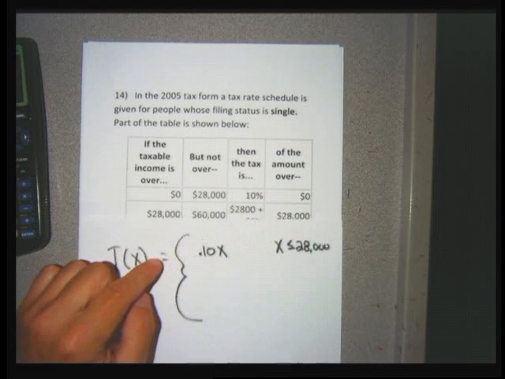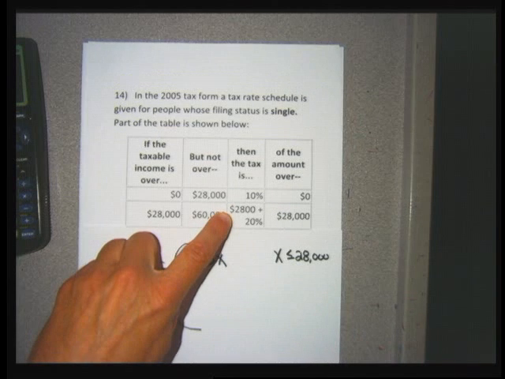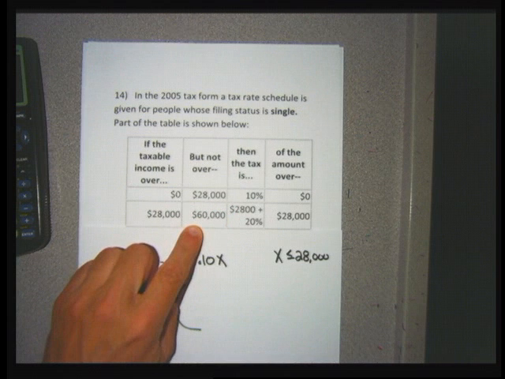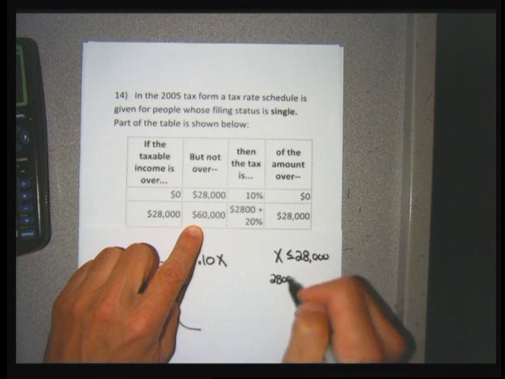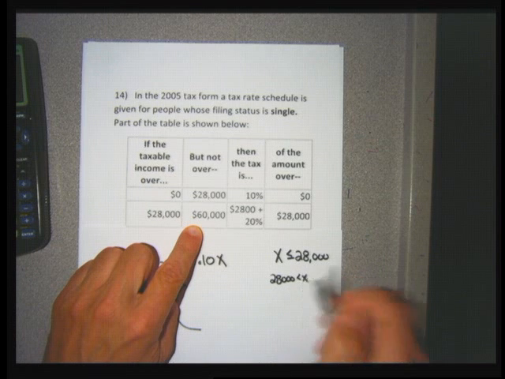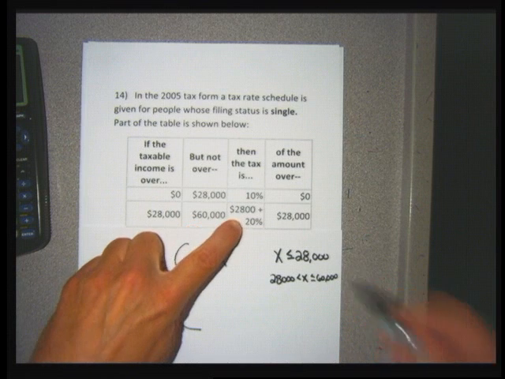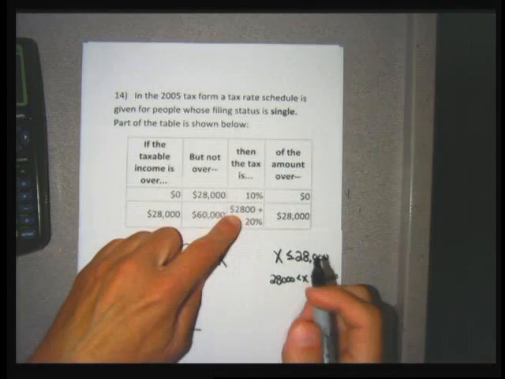For the second level, you pay $2,800. So if you make between $28,000 and $60,000, so if my income is bigger than $28,000 but less than or equal to $60,000, for any income over $28,000, I'm paying 20%, and this tells me how to come up with my formula.